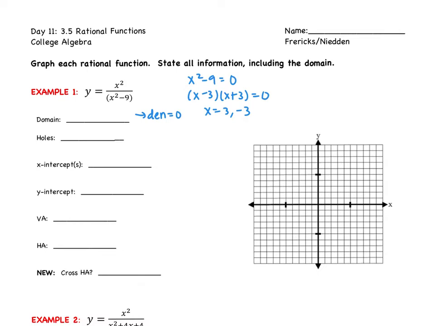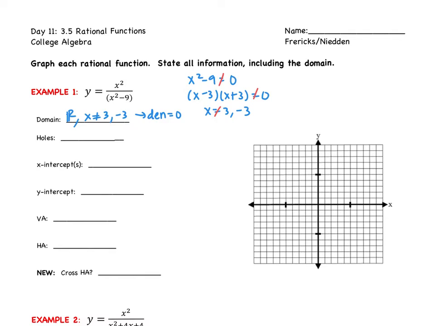The thing to remember with the domain is that the denominator is not allowed to be 0. So our domain then, x is all real numbers except 3 and negative 3. So x can be any number at once except for 3 and negative 3.